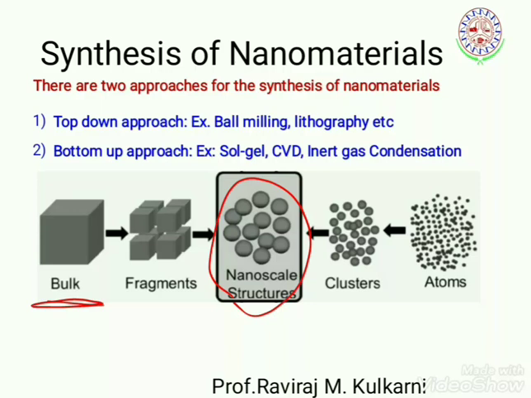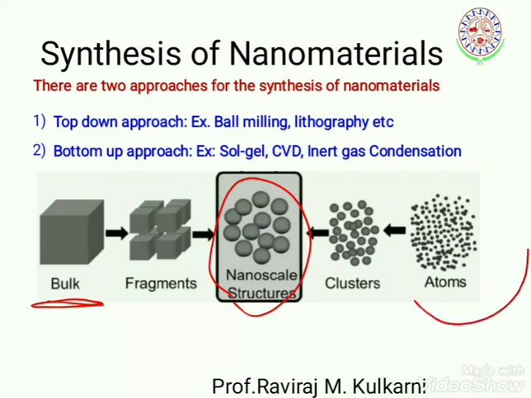And also when you hammer the material, you are introducing defects, maybe surface defects or interfacial defects, into the nanoparticles or nanomaterials. So the other way of preparing nanoparticles is the bottom-up approach.